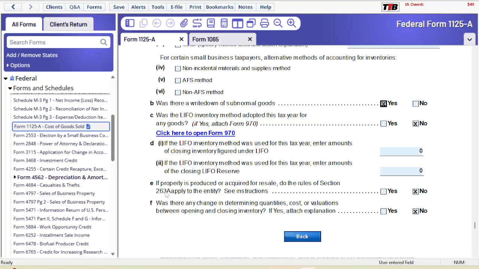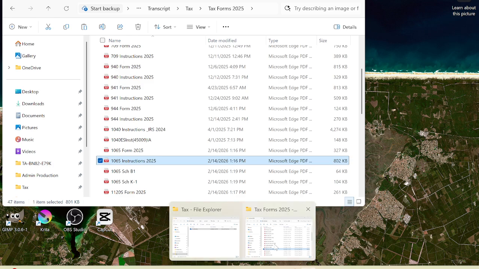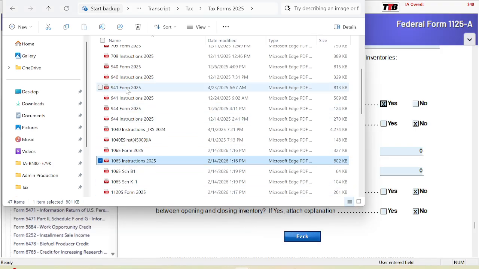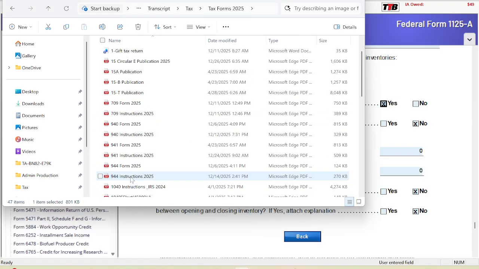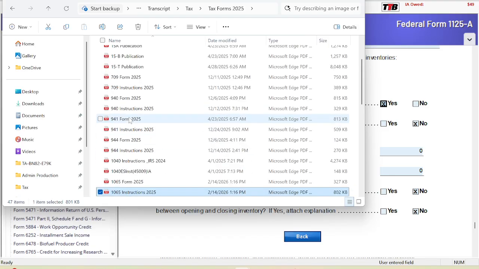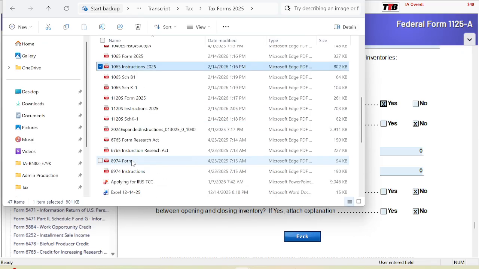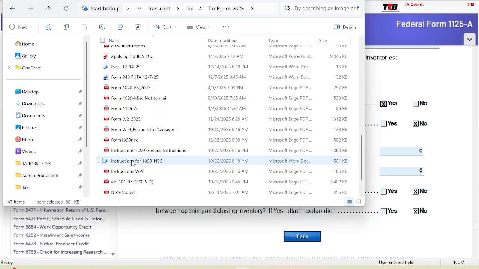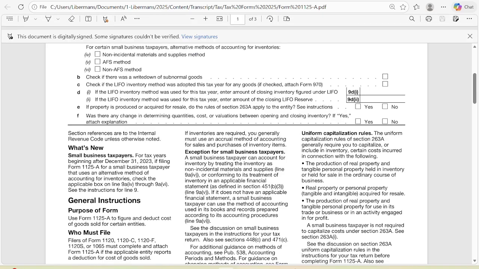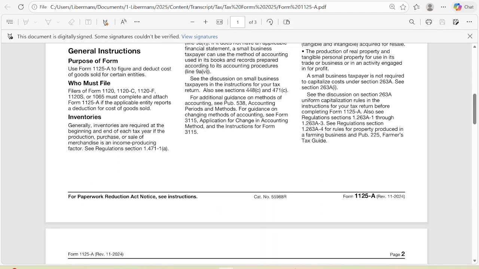For this 263A, we can check Form 1125A. It has instructions on there for you to read to see if it matters to your business. Okay, so see the instruction.